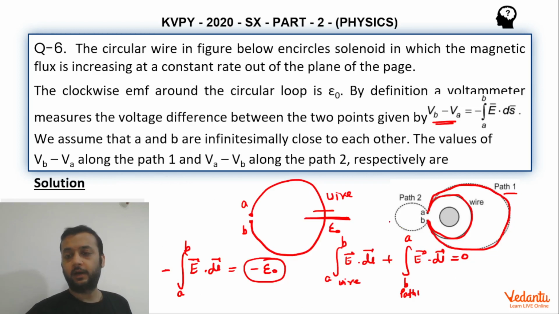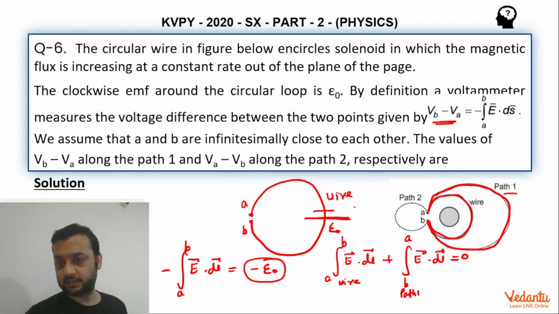So the answer will be minus epsilon naught. If you choose path 2, the net EMF induced will be zero. How can we say that? It is very easy to see.